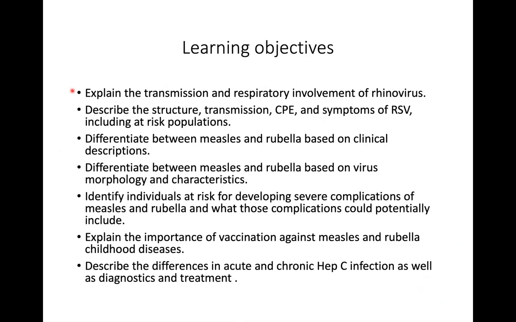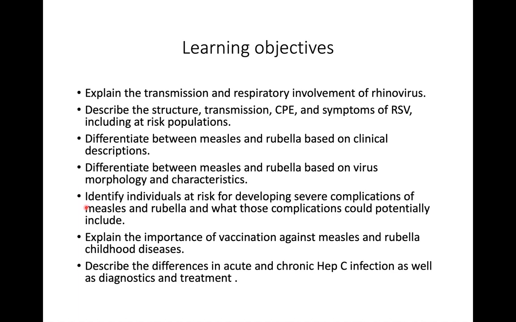All right, learning objectives today. Explain transmission and the respiratory involvement of rhinovirus. Describe the structure, transmission, CPE, and symptoms of respiratory syncytial virus. Differentiate between measles and rubella based on clinical descriptions. Differentiate between measles and rubella based on virus morphology and characteristics.